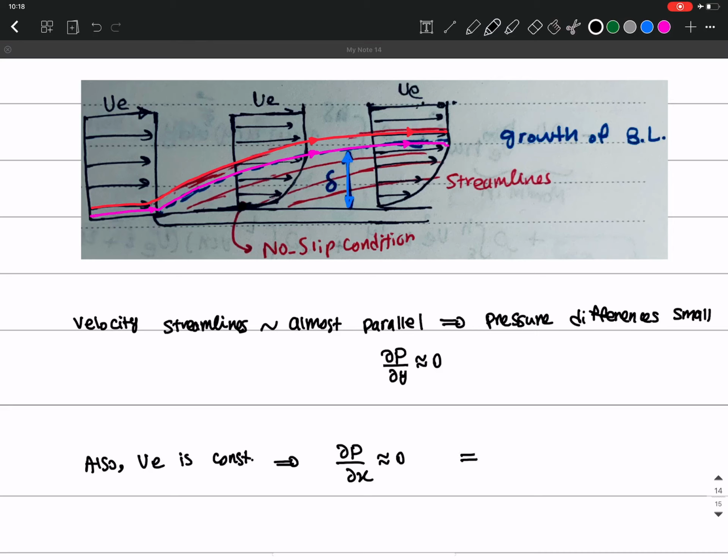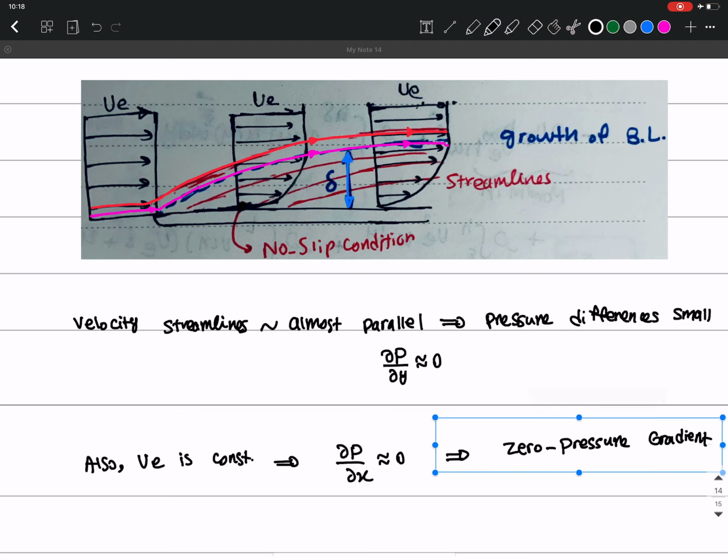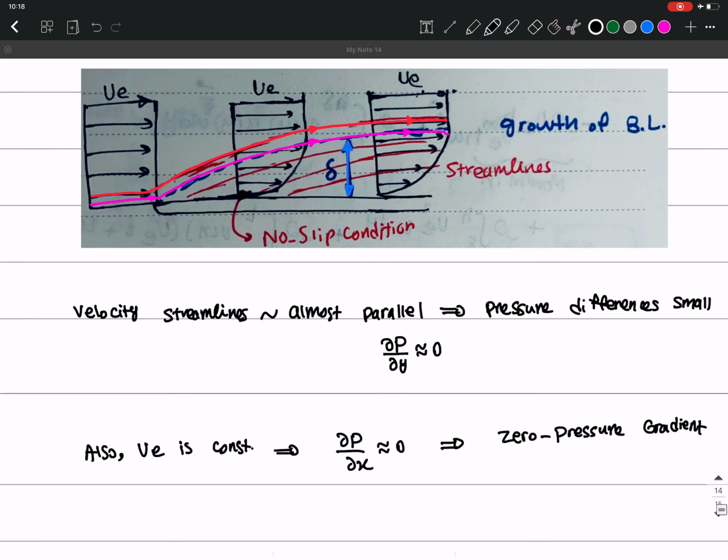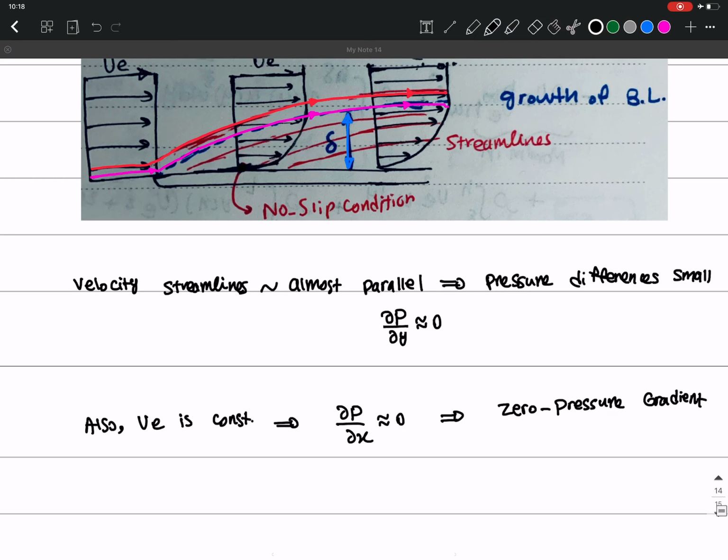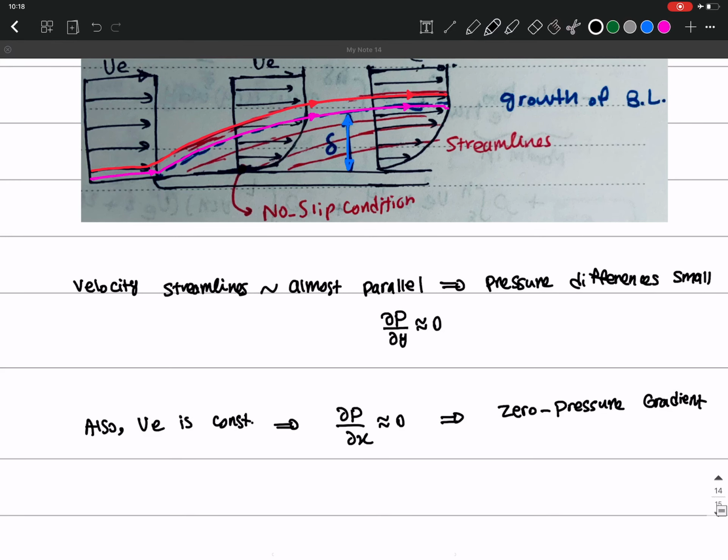So we call this zero pressure gradient flow, meaning that the velocity is not changing much and the pressure is not changing much. Another thing is at y equals delta, which we call the boundary layer thickness.